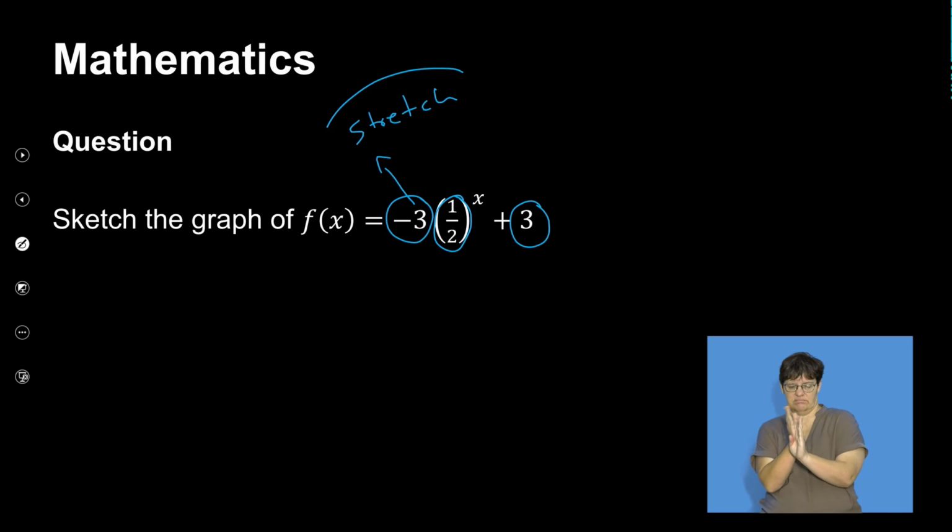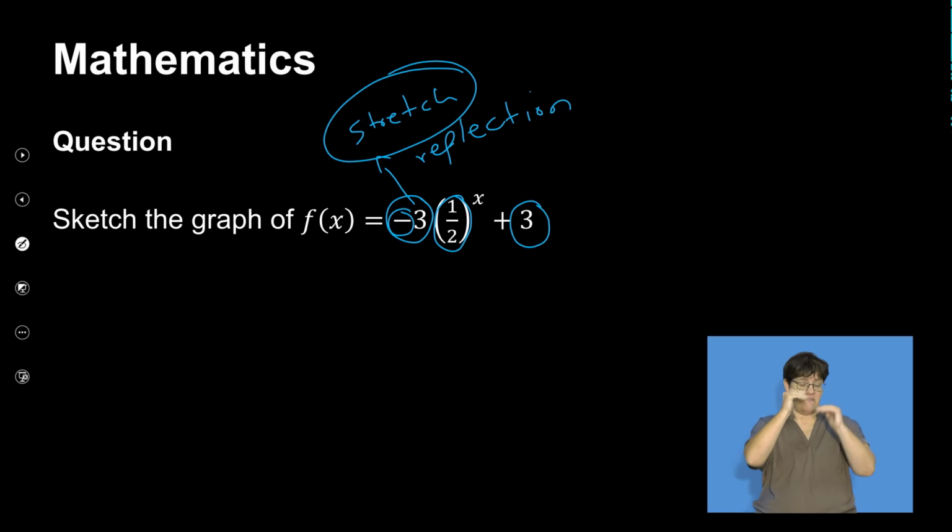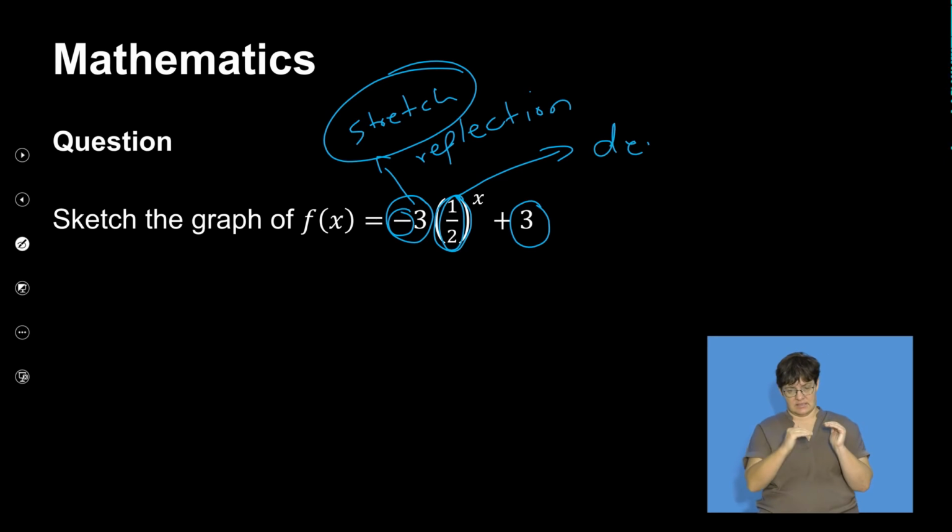But because it tells us the stretch of the graph as well, the negative, which is the sign, tells us that it is reflected, right? So this is a reflection. It is no longer above the x-axis, it is now below the x-axis. So that's what it is telling us, because above the x-axis, we're talking about positives, whereas below, we're talking about the negatives. And then the 1 over 2 tells us that the graph is decreasing, right?